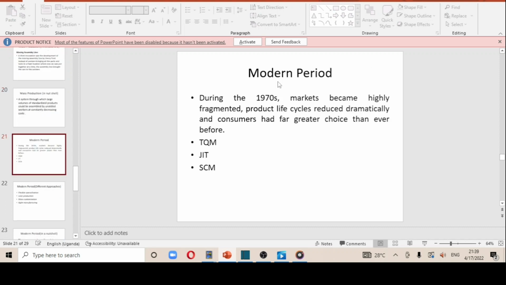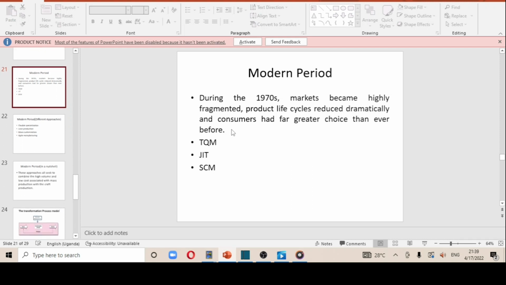During the 1970s, markets became highly fragmented, meaning they were breaking up, and product life cycles reduced. So a product would not last long, and consumers had far greater choice than ever before.